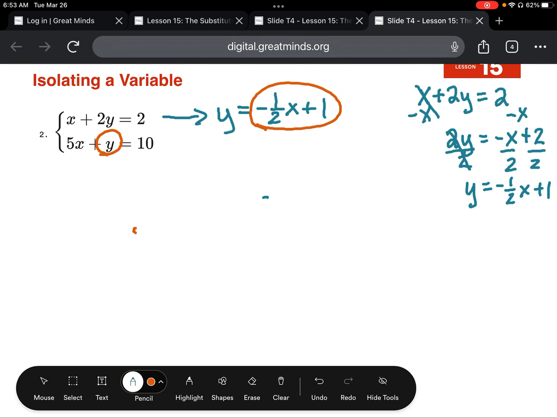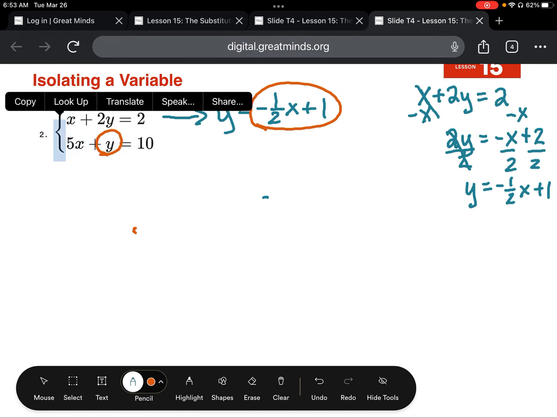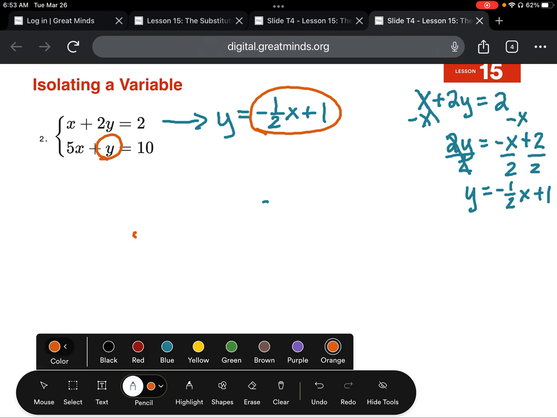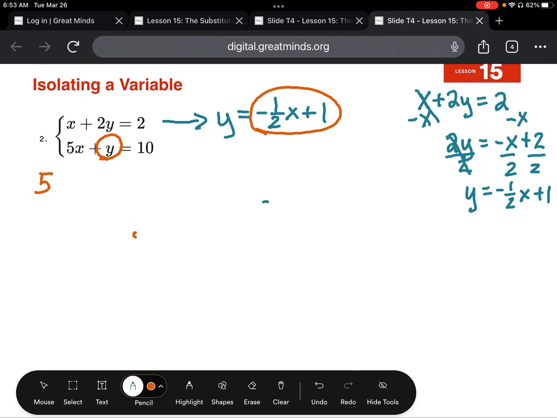I think my Apple Pencil is actually dying. 5x plus, but instead of writing y, I'm writing -1/2 x plus 1 equals 10.